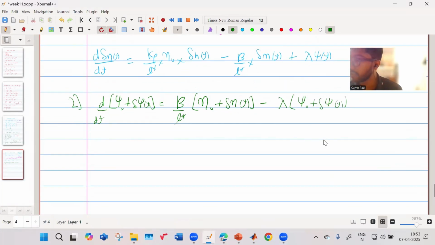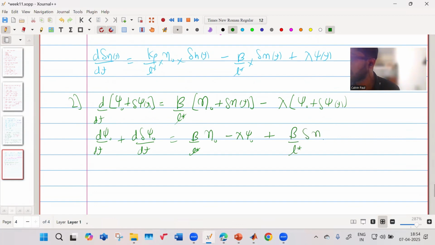This equation will be d phi naught upon dt plus d delta phi of t upon dt is equal to beta upon L star into eta naught minus lambda into phi naught plus beta upon L star delta eta of t minus lambda into delta phi of t.